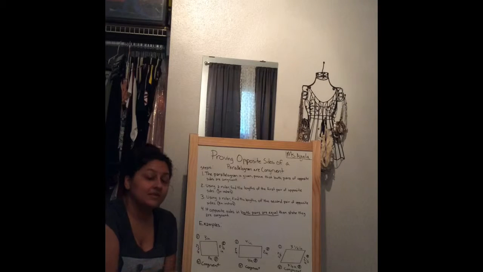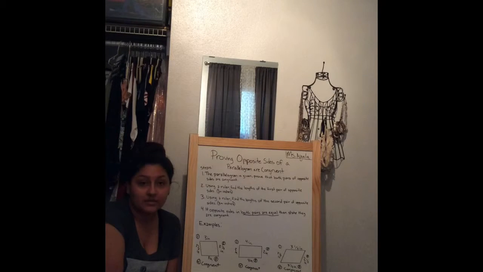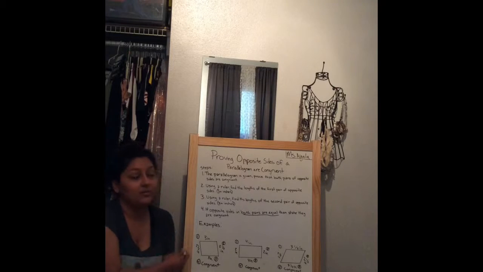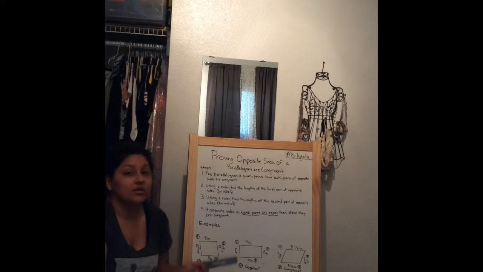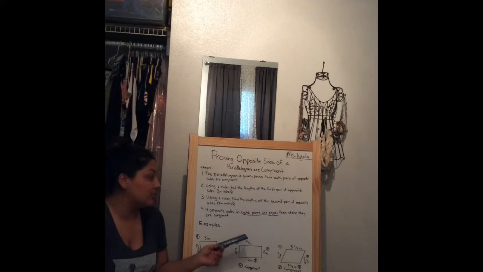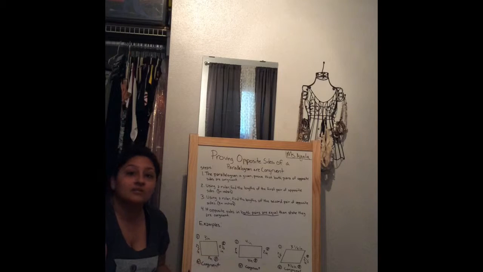So the definition for parallelogram is basically telling us that a parallelogram is congruent, but we need to also prove it. So the way we proved it today is by using a ruler to measure the 2 pairs of opposite sides, and we were able to prove that they were congruent.